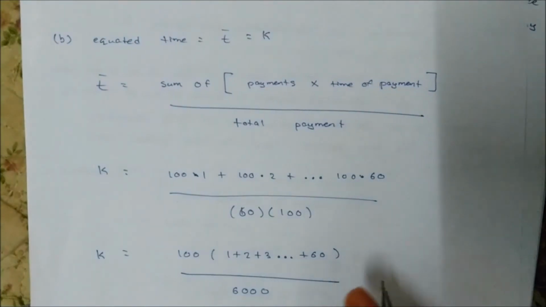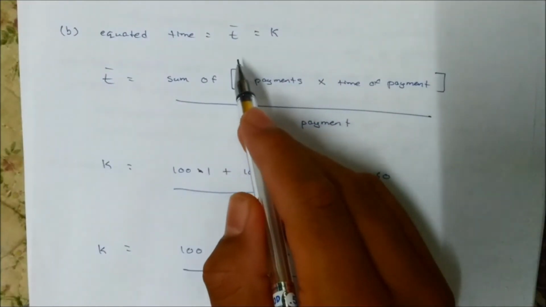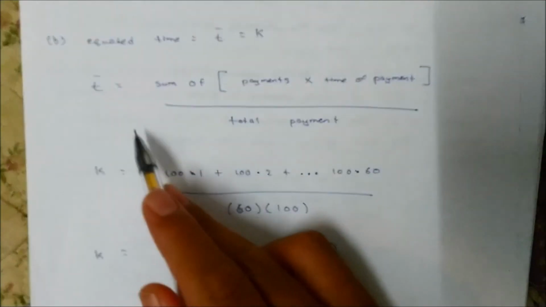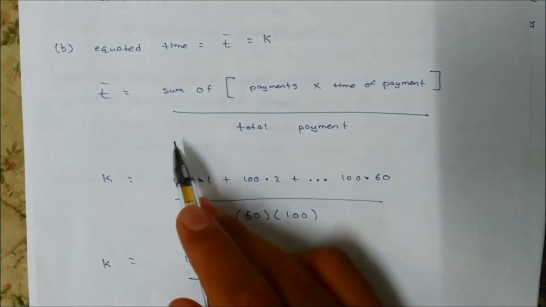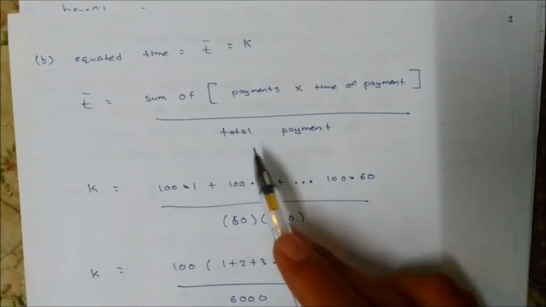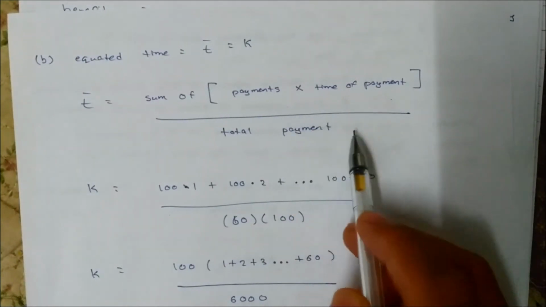For the second question, the equated time method, we denote the equated time as T bar, which is equal to K. T bar, the equated time, is the sum of payments times the time of payments over the total payment.